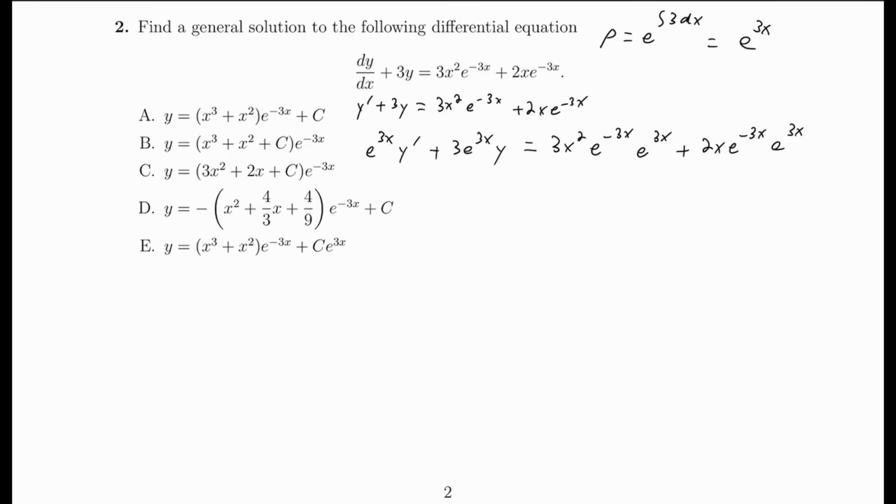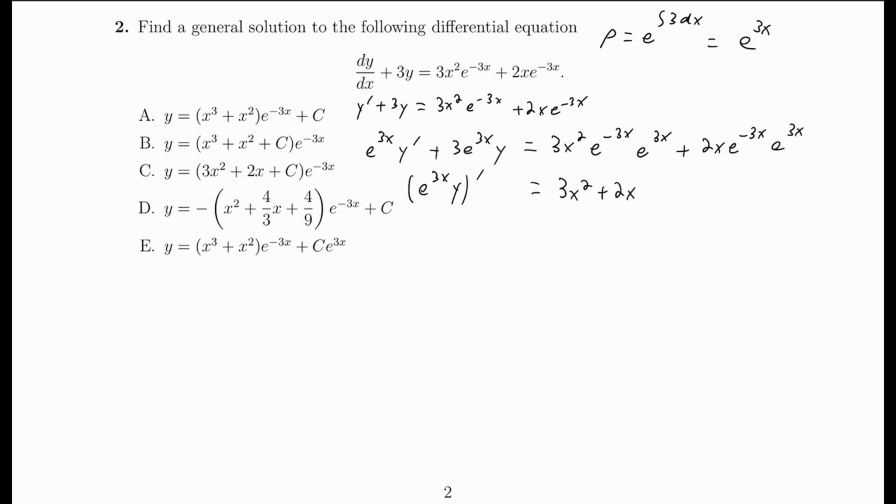You can see these e terms are going to cancel out because if we combine them using our exponential rules, that's just e to the 3x minus 3x, so e to the 0. So we can rewrite this right-hand side as 3x squared plus 2x. On the left-hand side, we can spot our product rule: it's just e to the 3x y all prime.